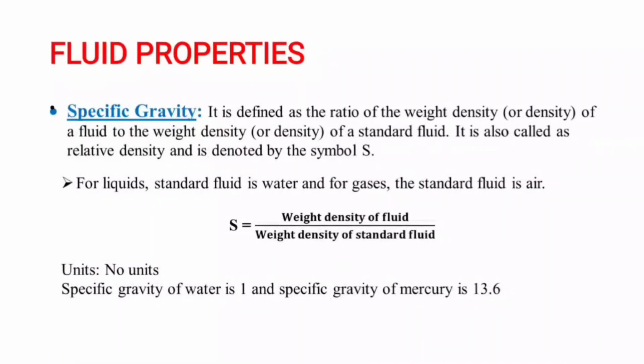Specific gravity. It is defined as the ratio of weight density of a fluid to weight density of a standard fluid. It is also called relative density. It is denoted by the symbol S. What is a standard fluid?